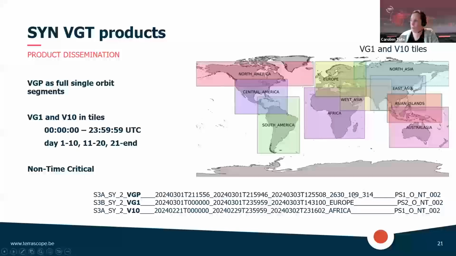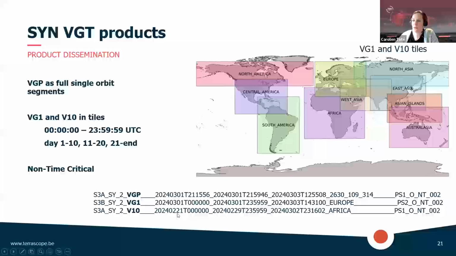The VG1 and V10 products are provided as tiles. You see here a map of the 10 tiles in which these products are provided. These products have a time step that starts at 0 UTC until midnight for the VG1 and also for the V10.